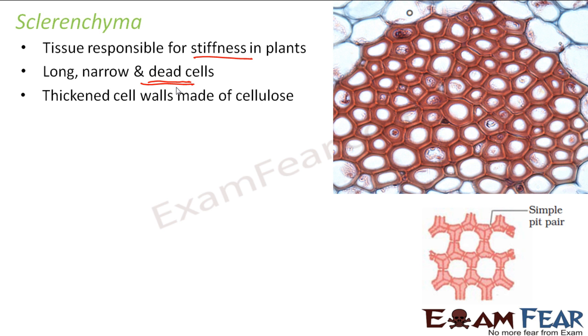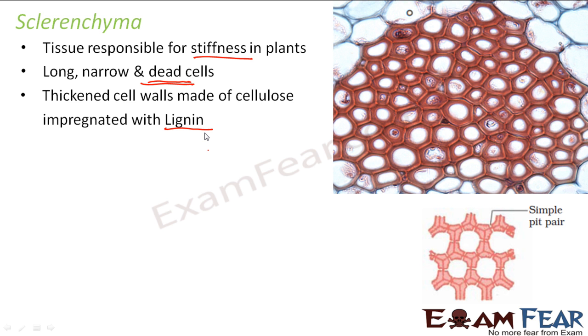Here the cell walls are thickened and made up of cellulose, and the thickened cell walls are impregnated with lignin. So what is lignin? Lignin is a chemical substance which acts like cement and hardens the cell walls.